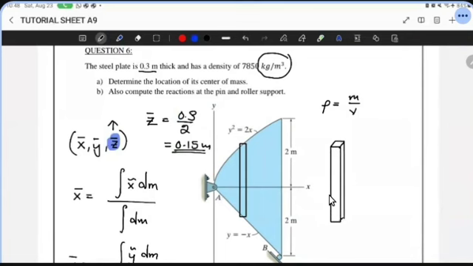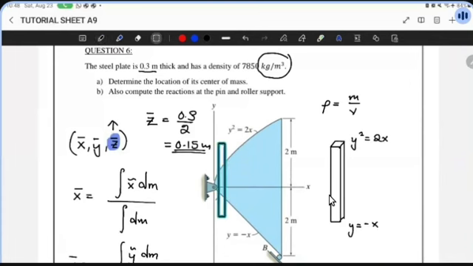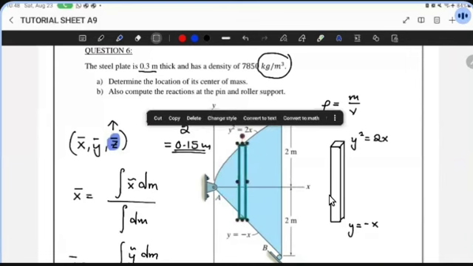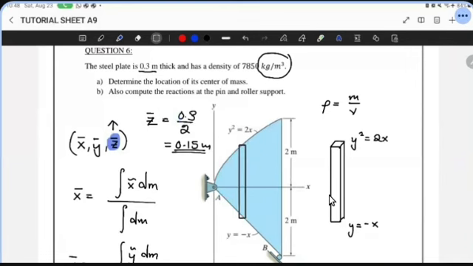The top part is controlled by y squared equals 2x. The bottom part is controlled by y equals minus x. And notice that as this strip moves from here all the way up to the far end, it doesn't really change. Everything remains the same. The top remains the top, the bottom remains the bottom.